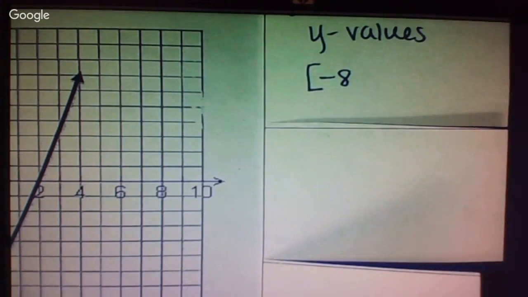Okay. What's the easiest way to remember that? So if you would have done this, your graph would have looked like this, where this point wasn't included.